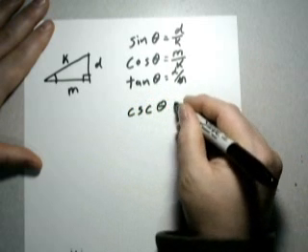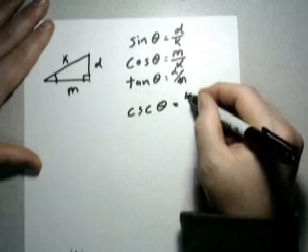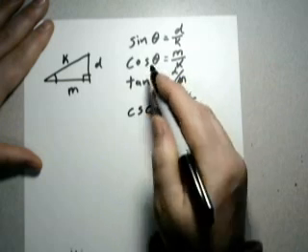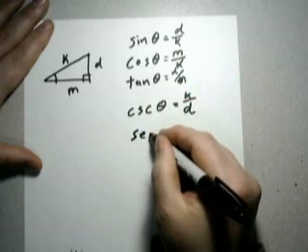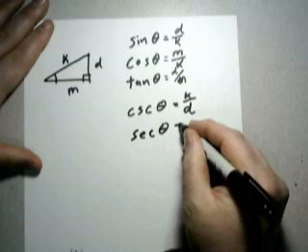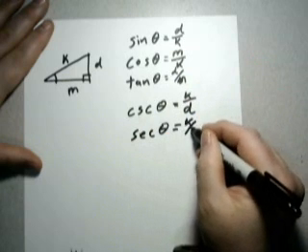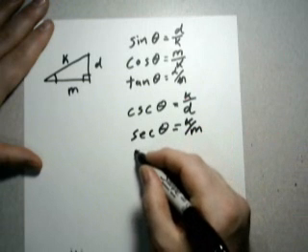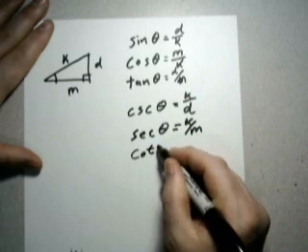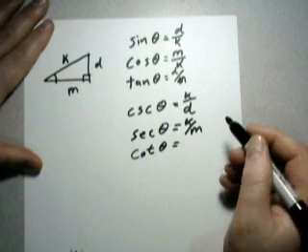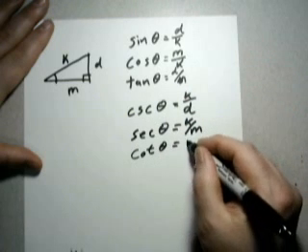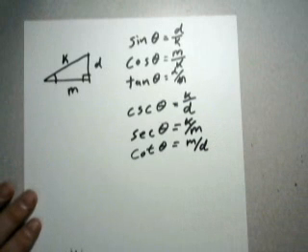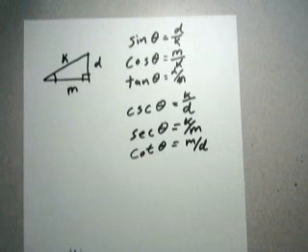So cosecant would just simply be K over D. And then the inverse of cosine is secant, and that would be K over M. And then the inverse of tangent would be cotangent, and that would be M over D. So those are our 6 trig functions from that triangle.